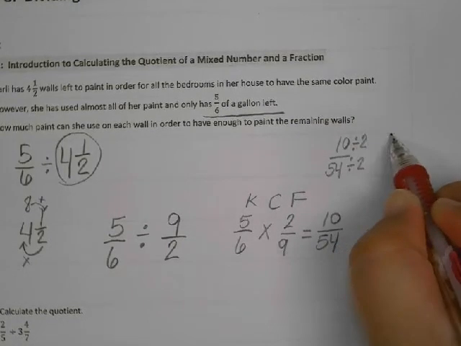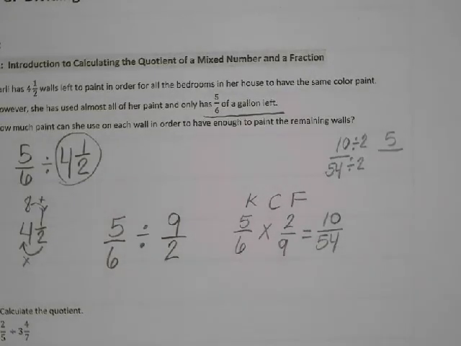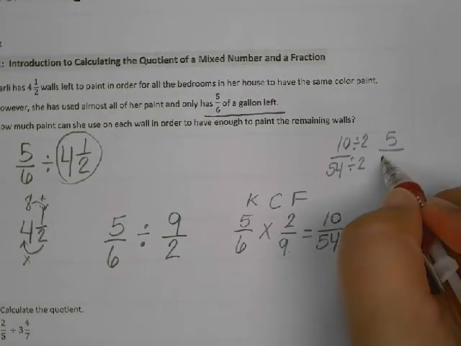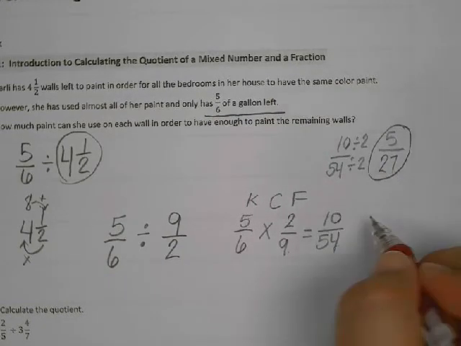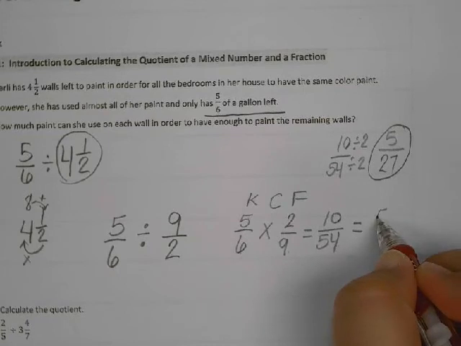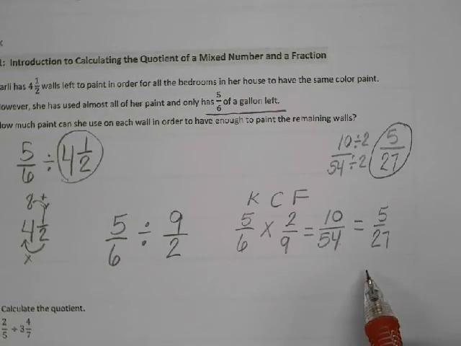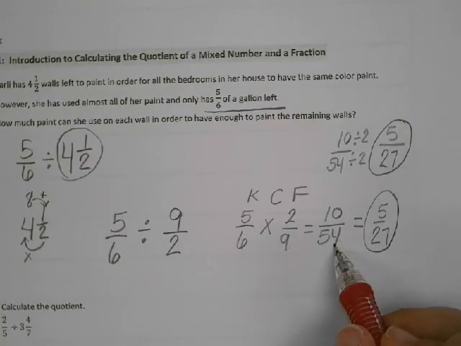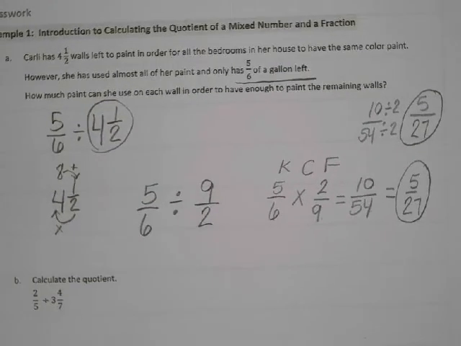So 10 divided by 2 equals 5, and 54 divided by 2 is 27. So 5/27 is what 10/54 reduces to. So that becomes my answer, 5/27. But again, you would still get it correct if you had 10 over 54 because the instructions do not say that we have to reduce.